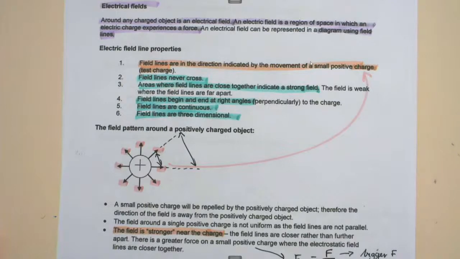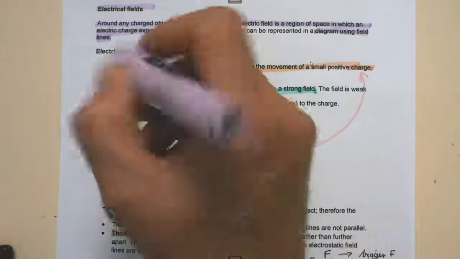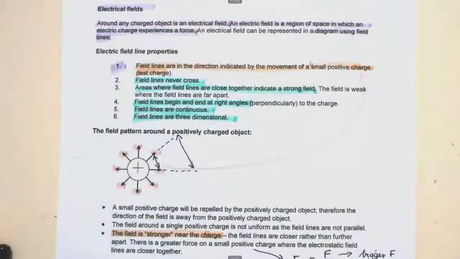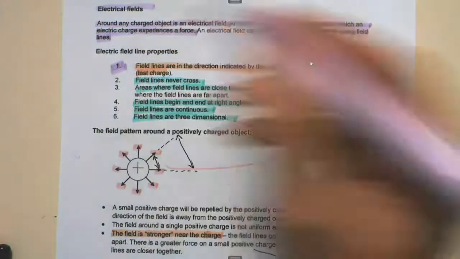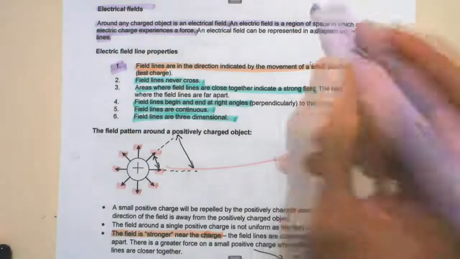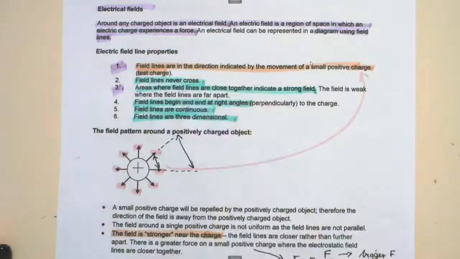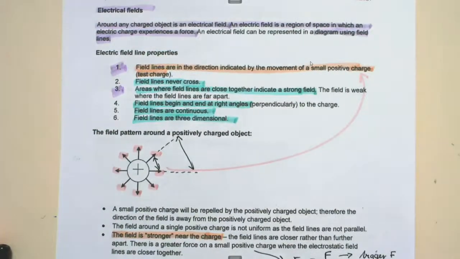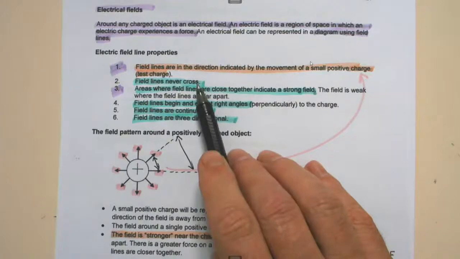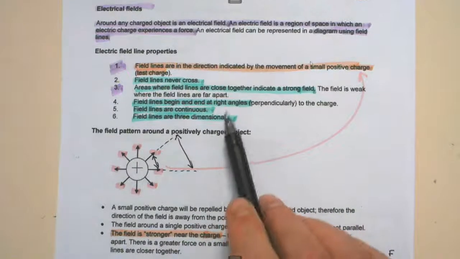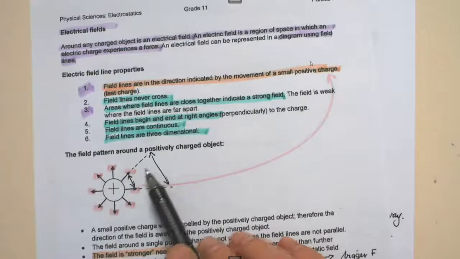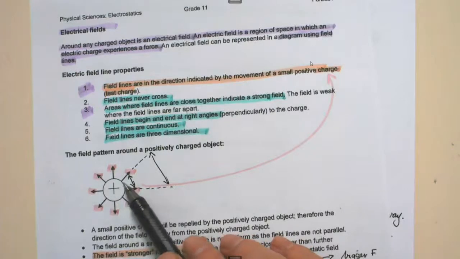The most important ones that you must make sure you are familiar with are the direction ones, and also that you know that where they are closer together, it indicates stronger electrical fields. The others are also important, because if you let them cross, you're going to lose a mark. If you don't begin on the surface, you're going to lose marks.